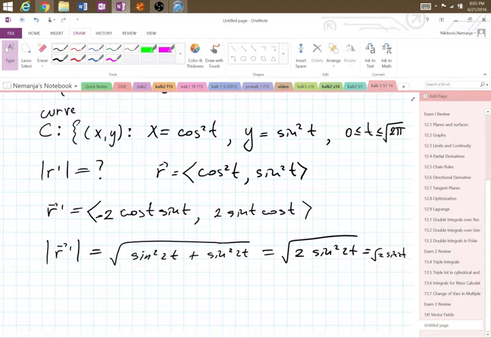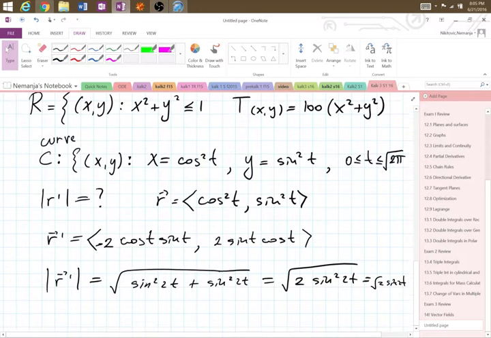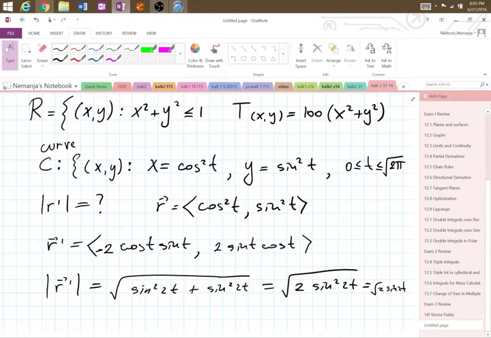Oh no, this was supposed to have another 2 out front, but something is off here because let me just see if I copy the problem right, because I don't like the way it's written. x squared plus y squared less than 1. Temperature is 100, x squared plus y.